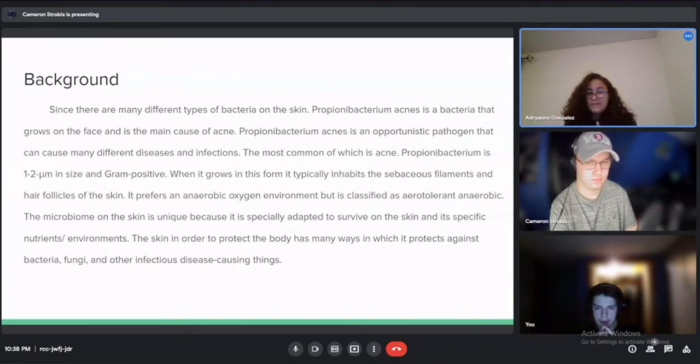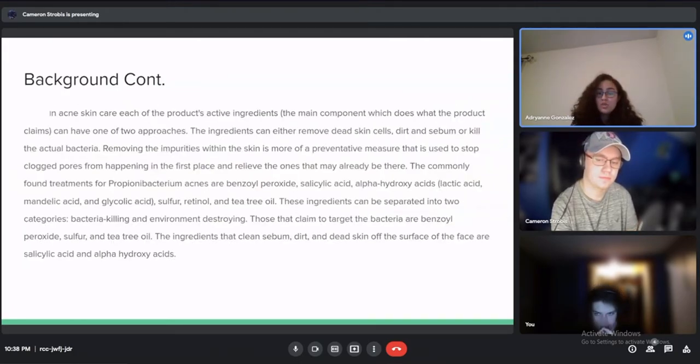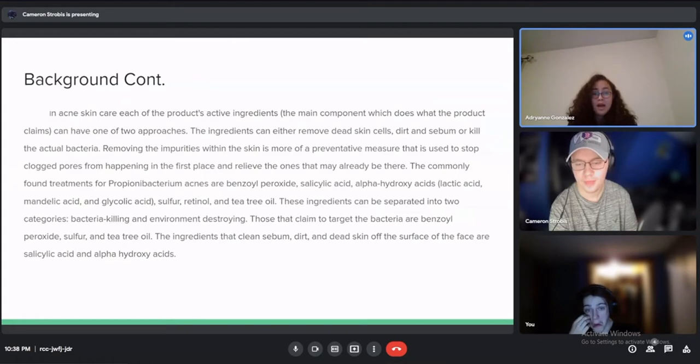Next slide, please. The second part we looked into was the actual active ingredients themselves and what they claim to do. So some remove dead skin, dirt, and sebum. Rather than actually kill bacteria, they exfoliate the skin, preventing the environment from happening.